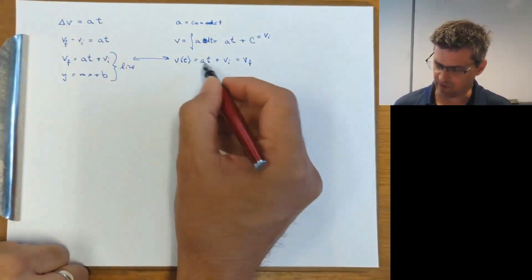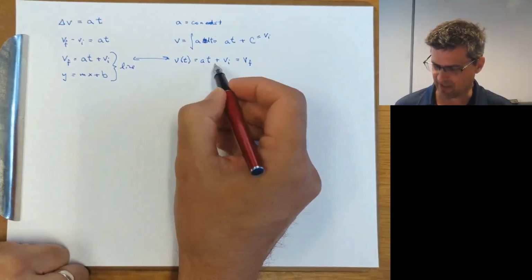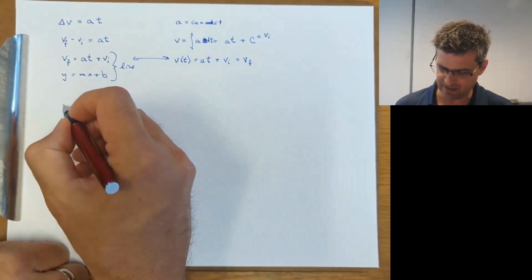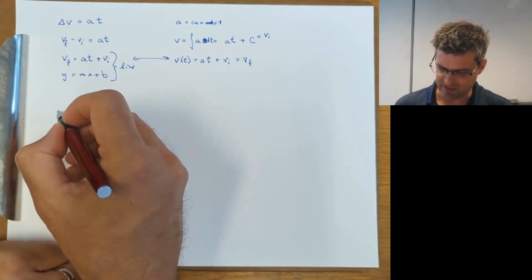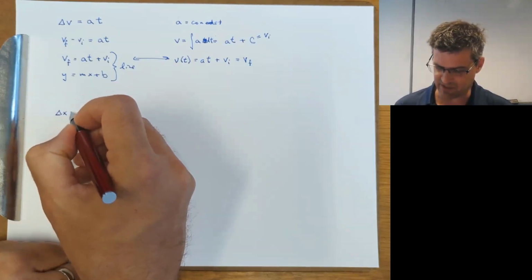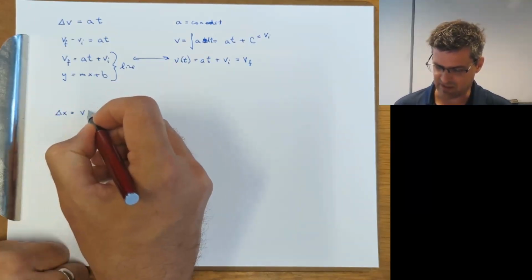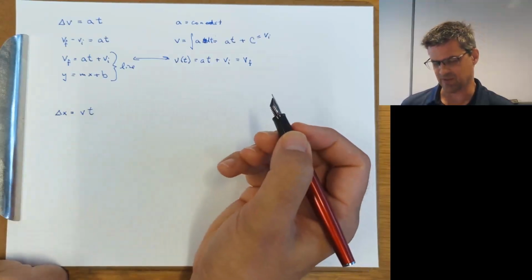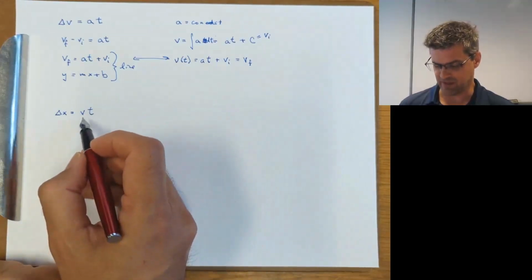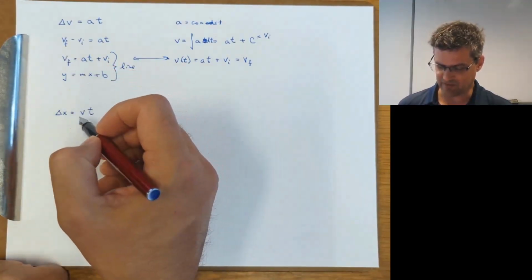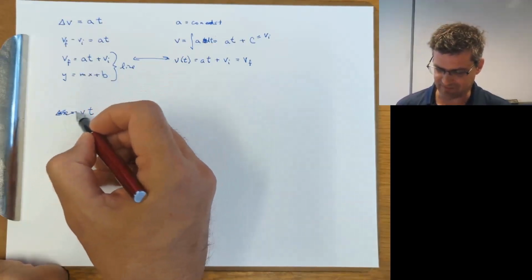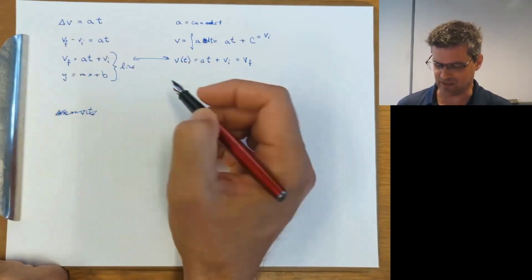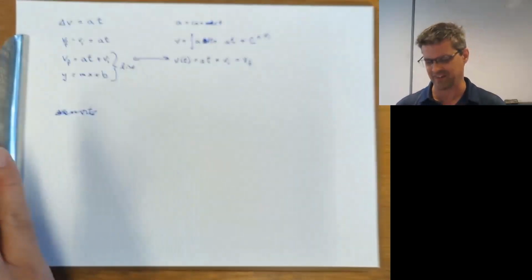So now if we know our velocity as a function of time is at plus v_i, we could, over here in this kind of an expression, say that change in position is equal to the integral of v(t), right? And what is our velocity? Well, there are ways to do that, but we know calculus, right?